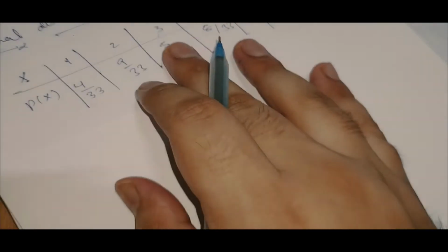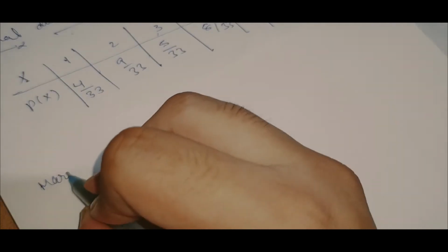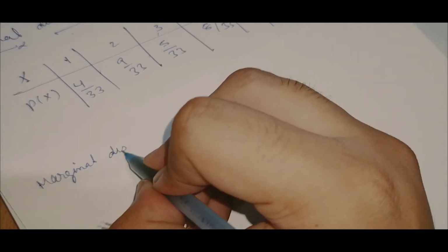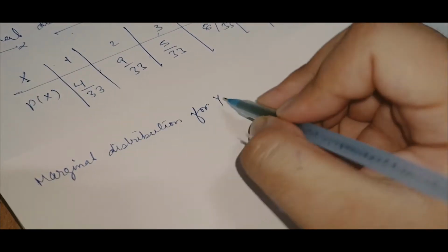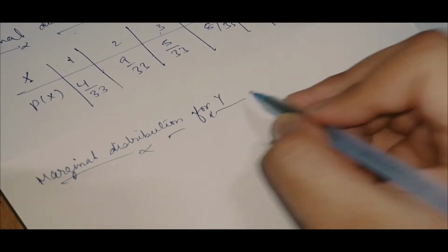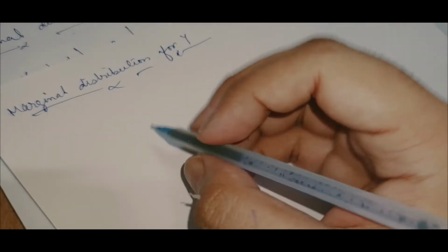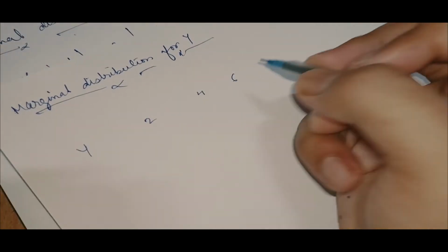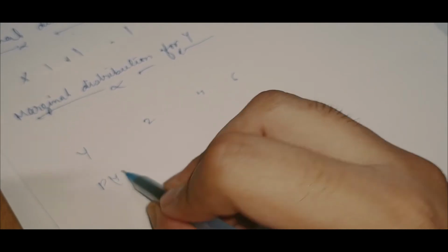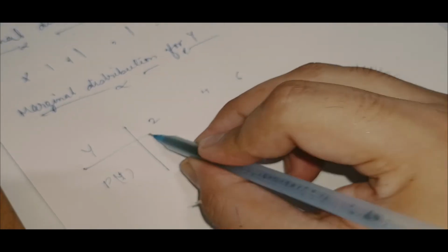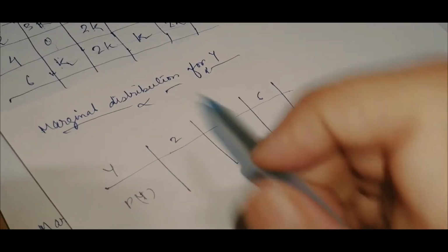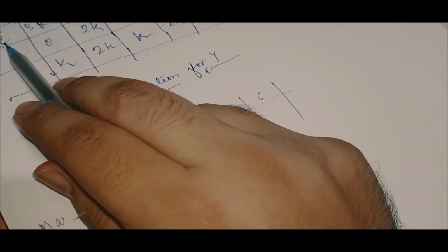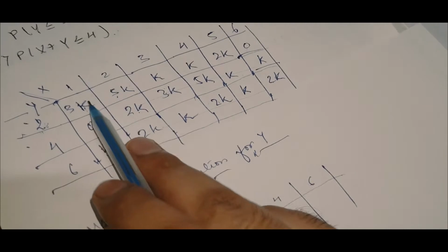Now let us find the marginal distribution for y. For the marginal distribution of y, add all the respective rows. y varies over 2, 4 and 6. So for y equal to 2, what are the values?